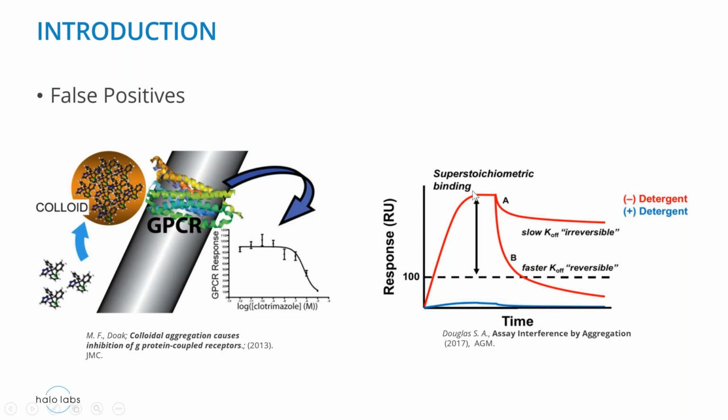Even when you look at the SPR, for example, aggregates produce very, very particular signals that are indistinguishable from a real hit. In this case, for example, it was a compound that either looked irreversible or looked reversible, and they can even show dose response behaviors.